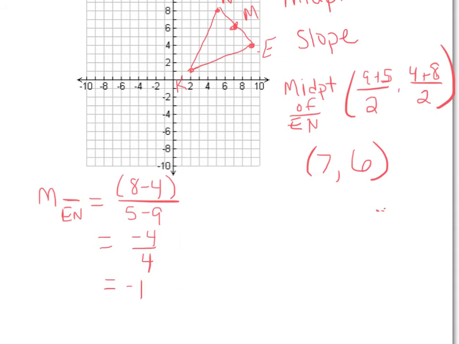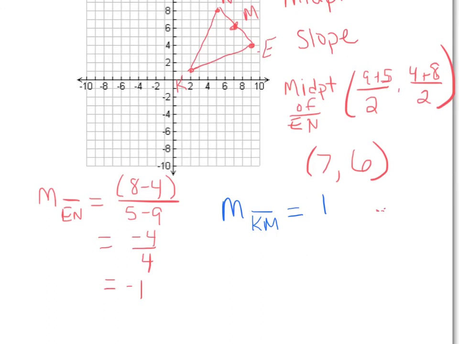Now remember, for something to be perpendicular, we want the slopes to be negative reciprocals. So let's change colors. The slope of KM, we want it to be the negative reciprocal of the slope of EN.